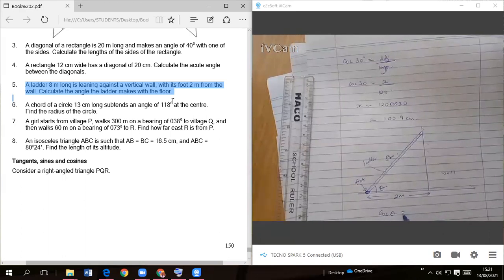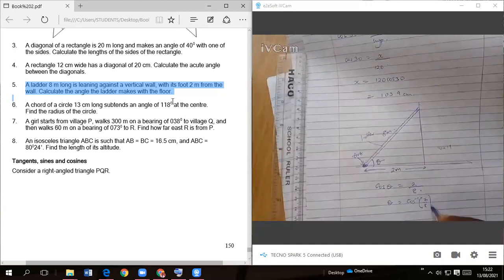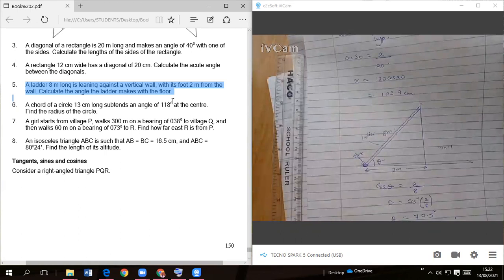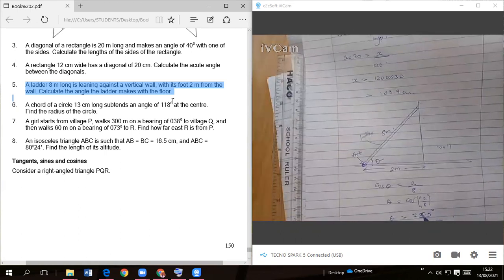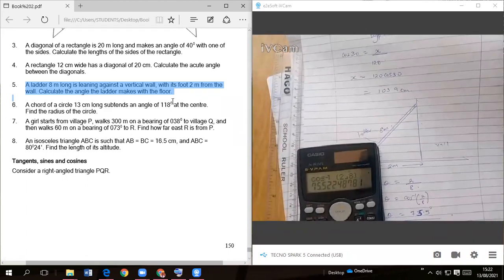Cos theta equals 2 over 8. So theta equals the cos inverse of 2 over 8, which is 75.5 degrees.